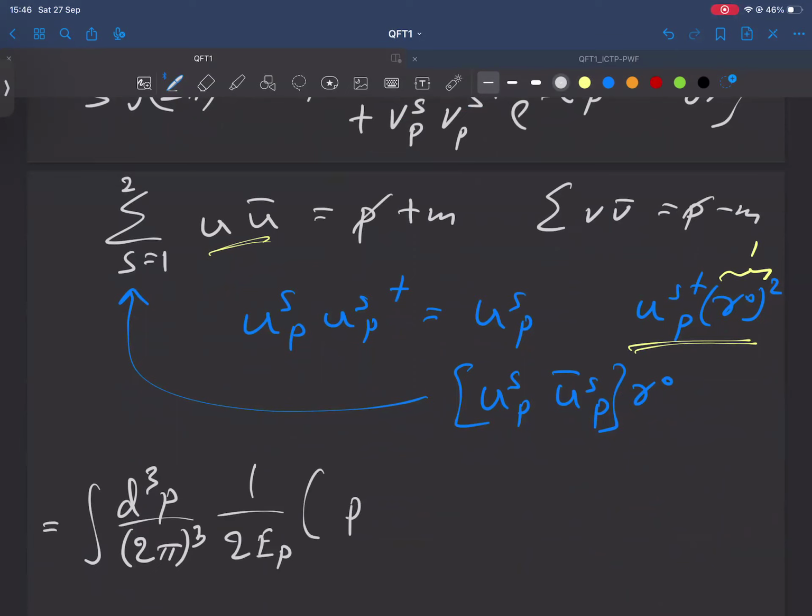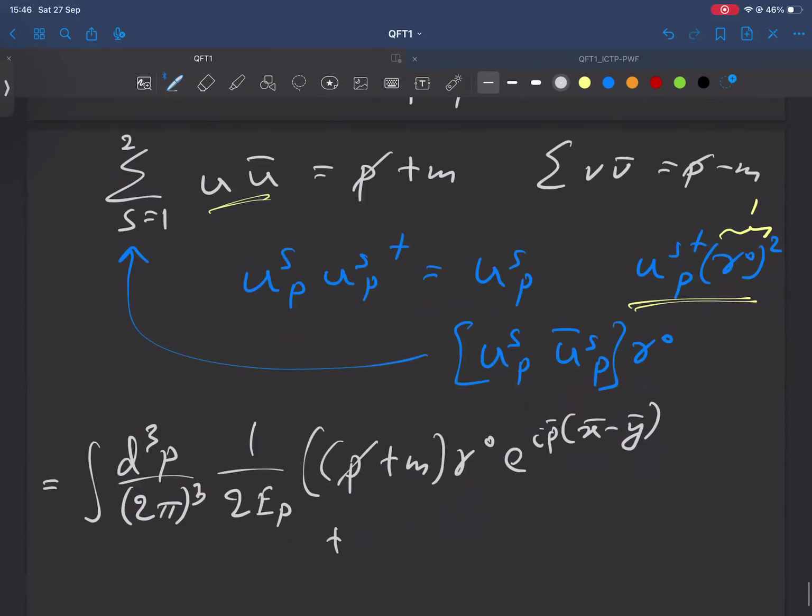P slash plus M gamma 0. So that's where the gamma 0 comes. Px minus y, and then plus, as you will anticipate, the negative frequency has a minus M gamma 0 and x minus y. Okay.